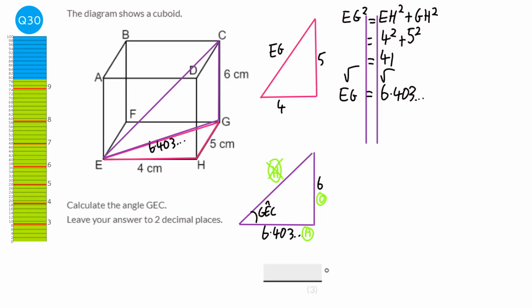So it is going to be TOA, and those of you should know this off by heart, that the TOA shows us that the opposite will be over the adjacent. So we have tan GEC equals, and that's the angle, equals the opposite over the adjacent. And let's put our tramlines in.